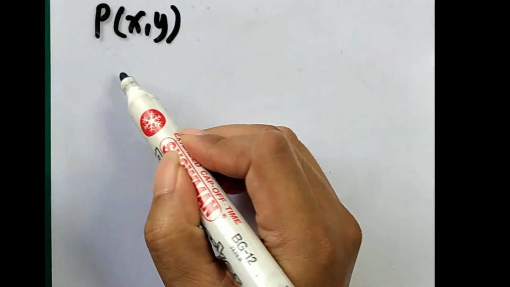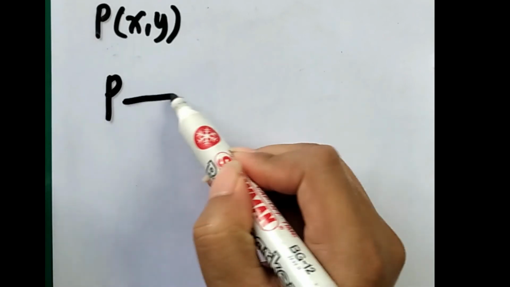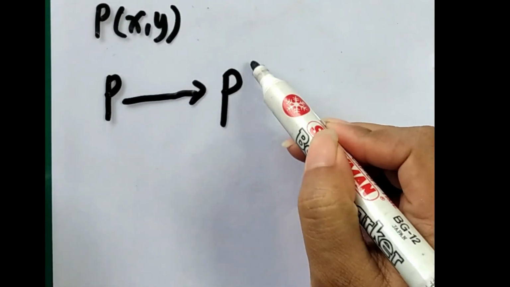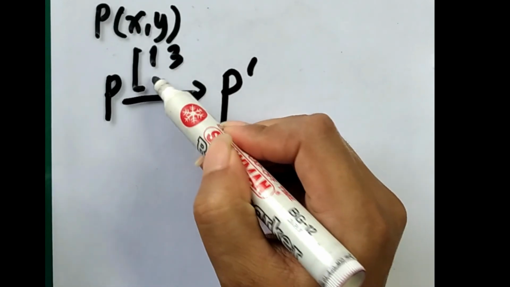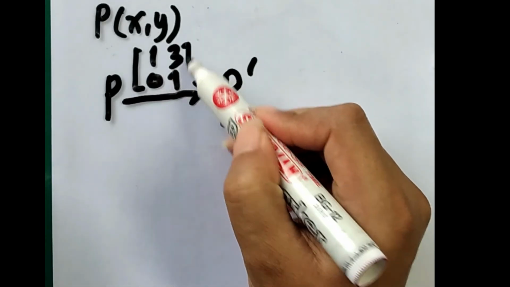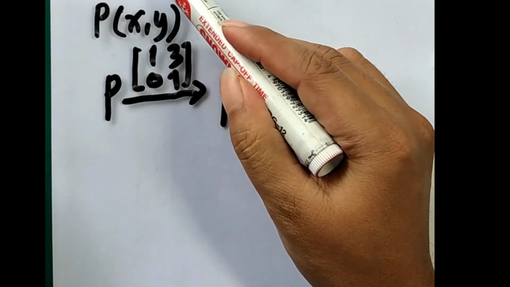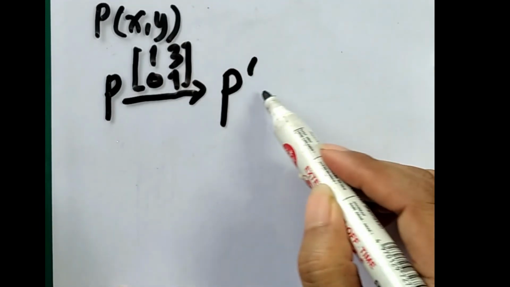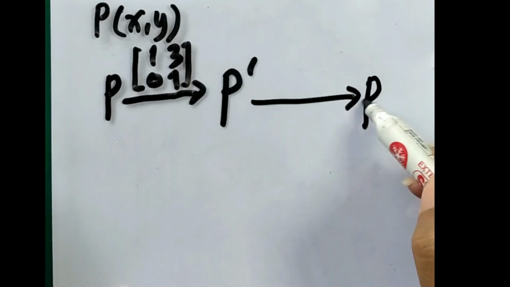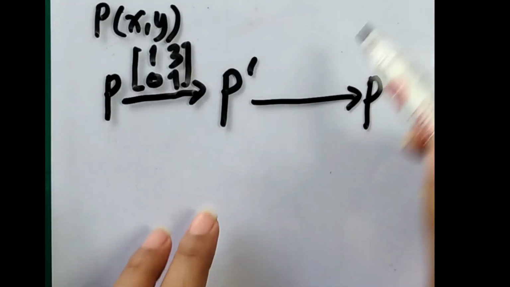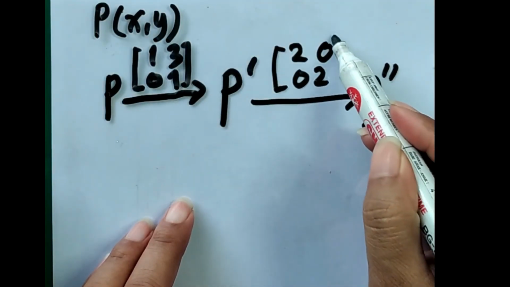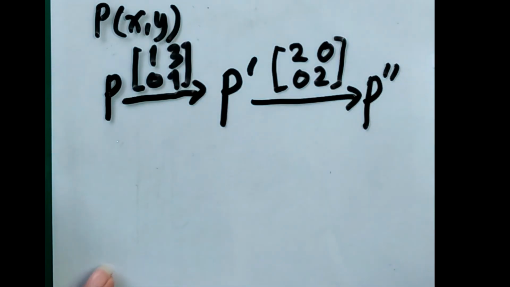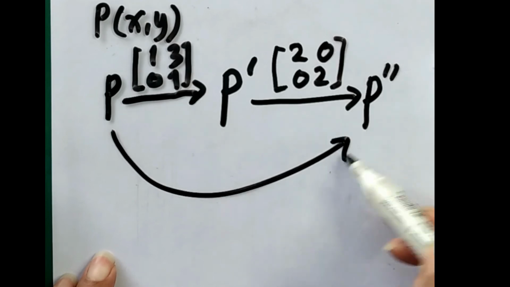So P transforms to P accent by this matrix 1 3 0 1, and then P accent transforms to P double accent by this matrix 2 0 0 2. So the question asks for the single matrix that transforms P to P double accent.